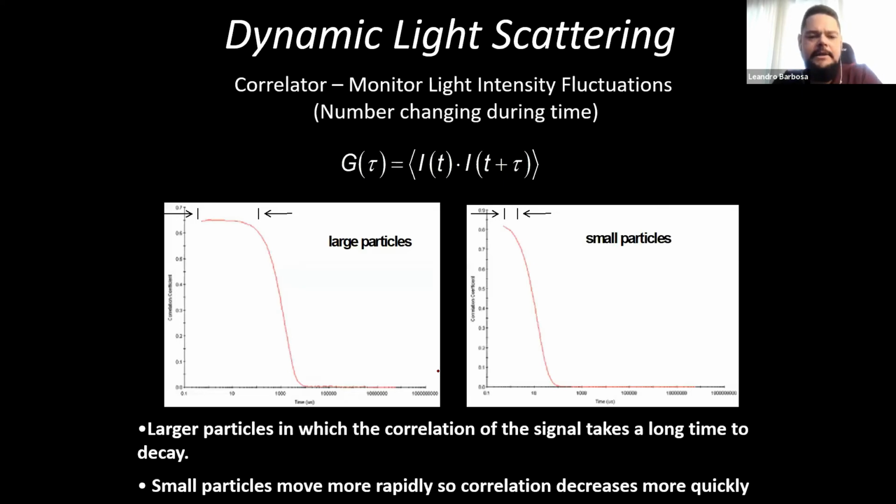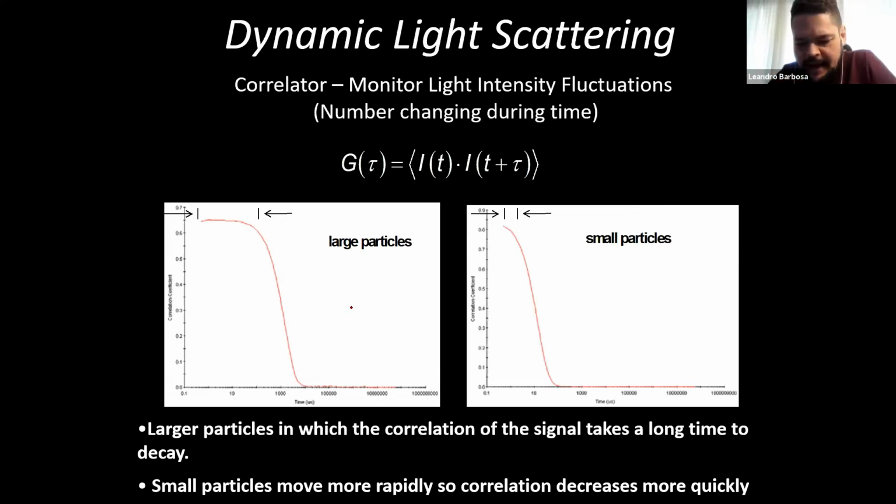This is nice because when you have this self-correlation function, we must realize that the intensity we are measuring is proportional to the number of scattering particles inside this illuminated volume.